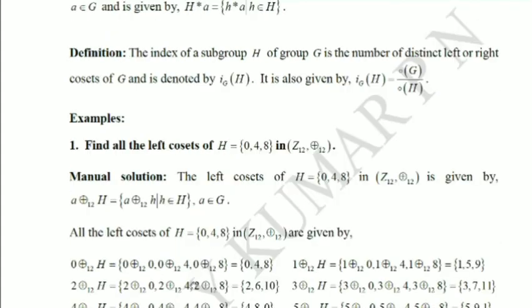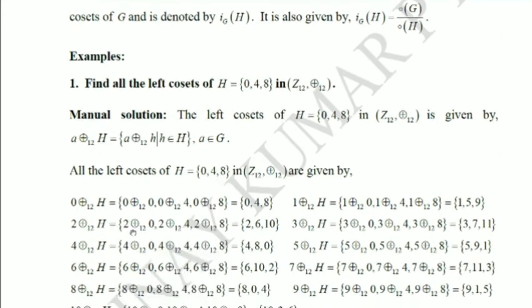Okay, let us see. Now, let me give A initially as 0, because 0 is an element in Z12. So this becomes 0 addition modulo 12 H. So I have to add every element of H to 0. So what are the elements of H? 0, 4, 8.